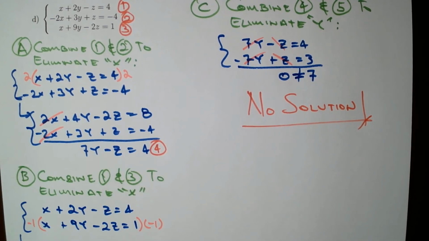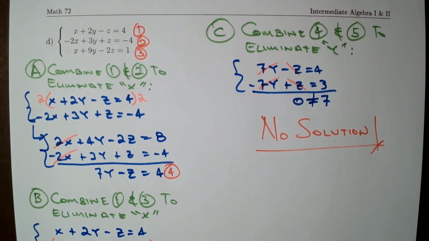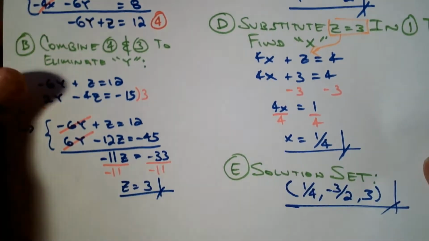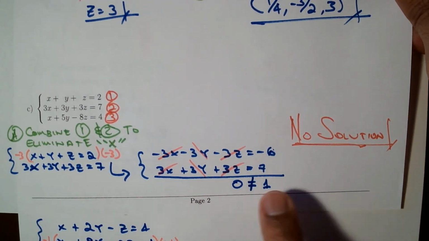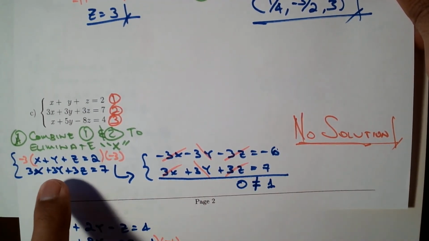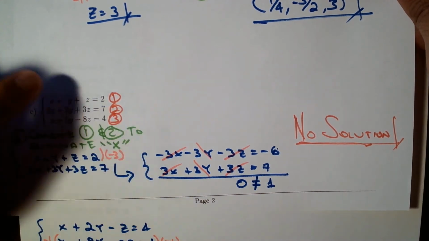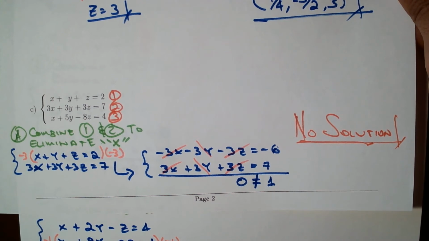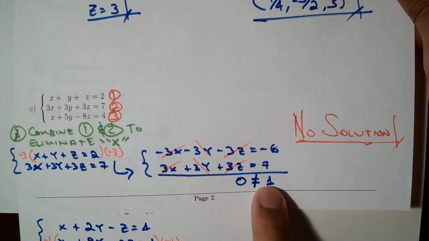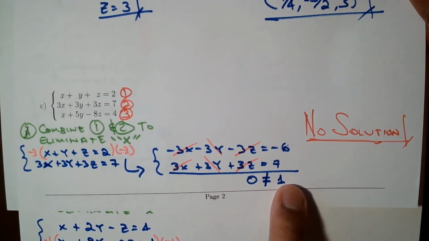Well, let's compare and contrast this couple of examples. So let's compare it with C. Example C gave us a contradiction and no solution on barely the first combination of 1 and 2. So the minute we got this contradiction, we were ready to just call it a night.